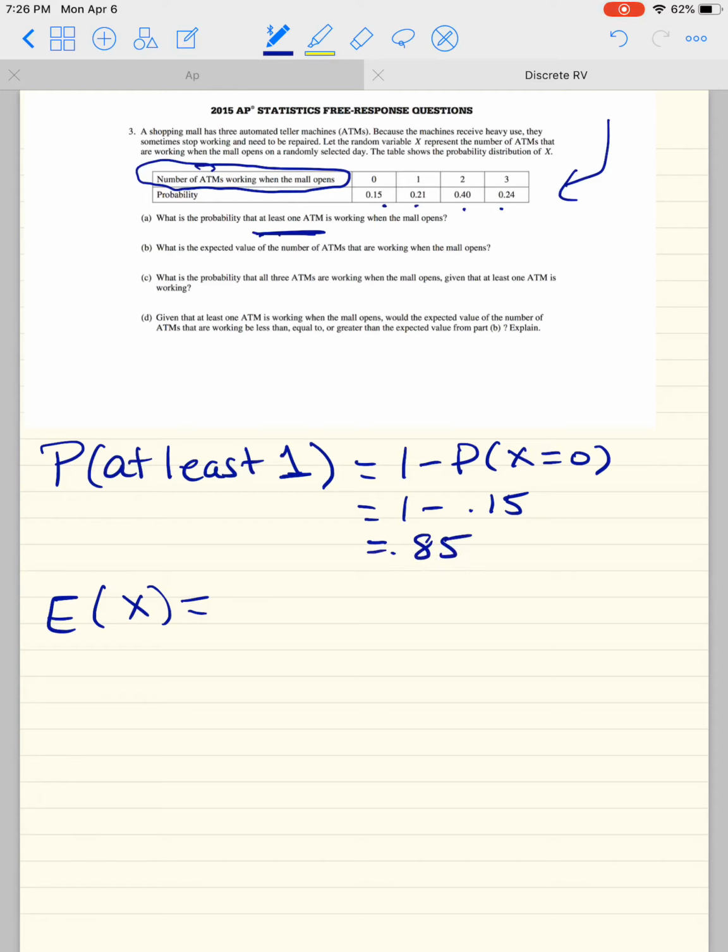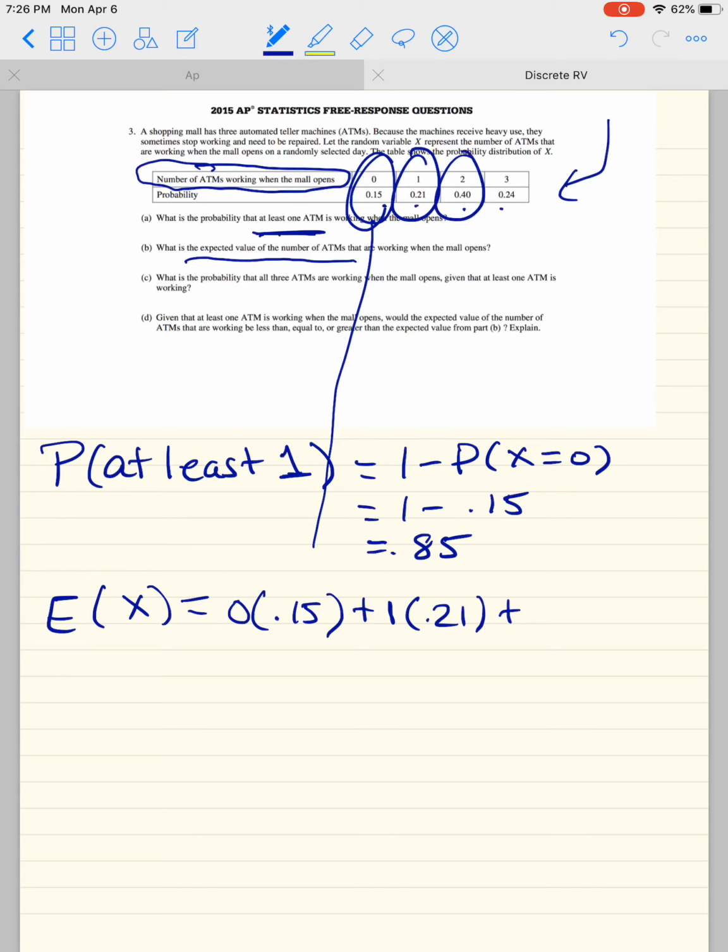And that's part A. In part B, they ask, what is the expected value of the number of ATMs? If you remember from my past video, all you have to do to find the expected value is take each X and multiply it by the probability of it happening. So we get 0 times 0.15 from here, plus 1 times 0.21, plus 2 times 0.40, plus 3 times 0.24.